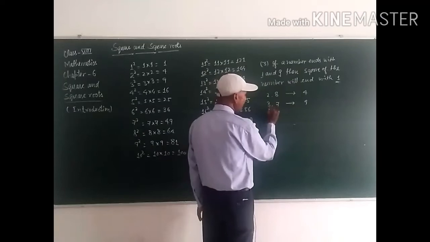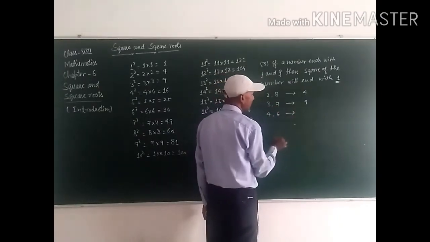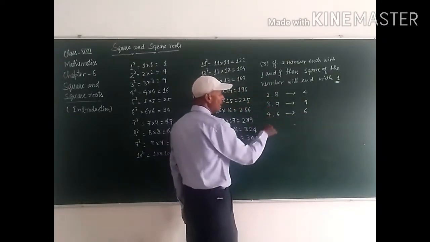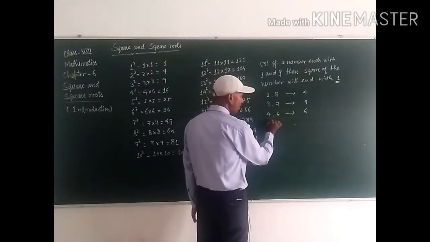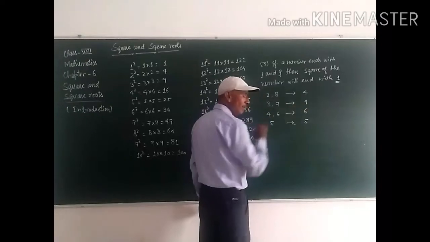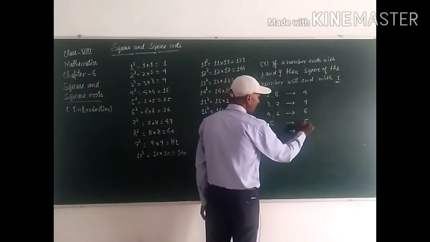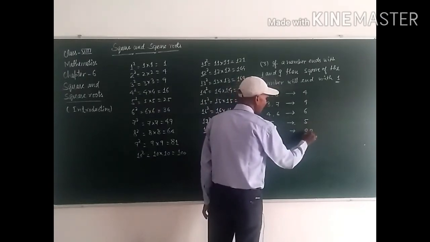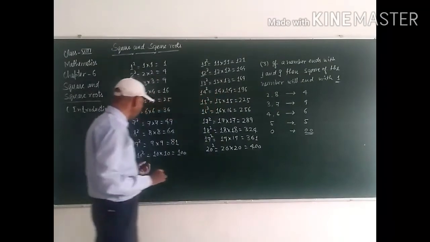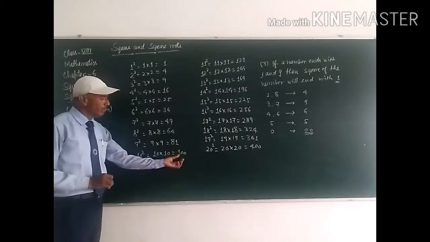If any number ends with 4 and 6, then the unit digit will be 6, student. And if any number ends with 5, then the square of this number, the unit digit will be 5. Clear, student? If 0, then in the square there will be a pair of zeros. Like this: 10 square, it means 100. Clear?